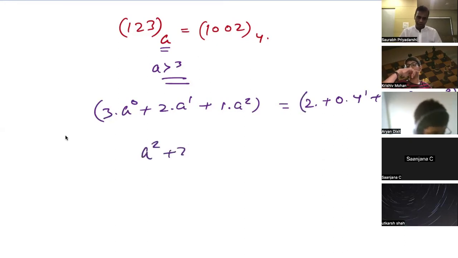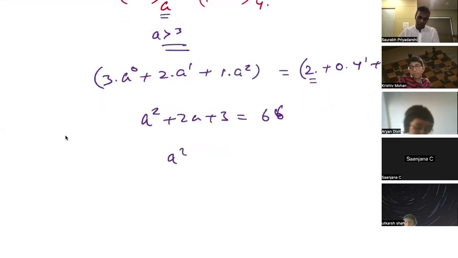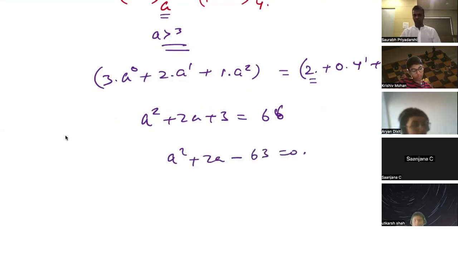A square plus 2A plus 3 is equal to, this is 2, and this is 64 plus 2, 66. So A square plus 2A minus 63 is equal to 0. Right?